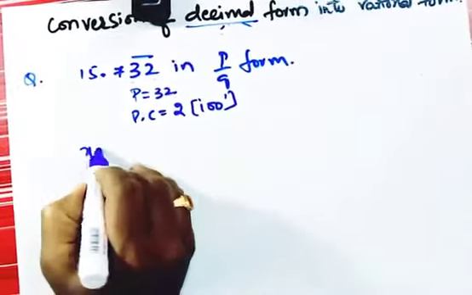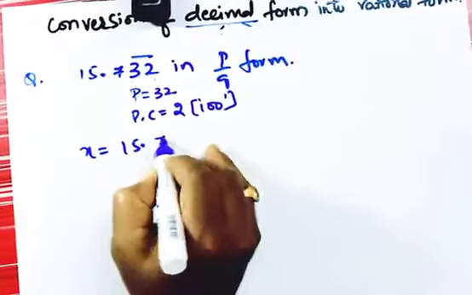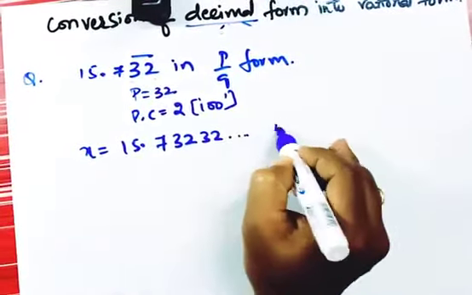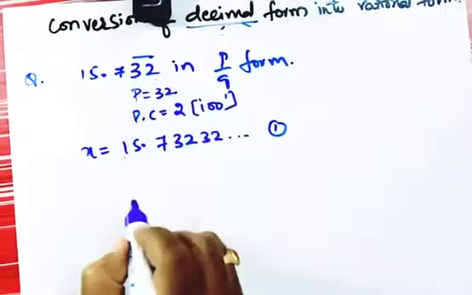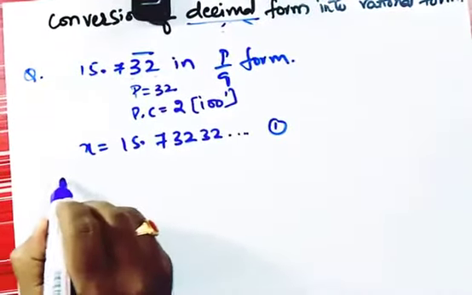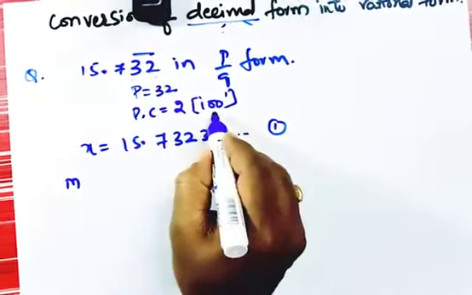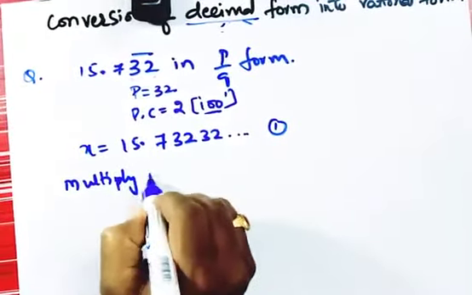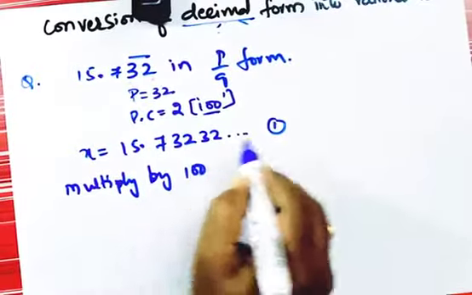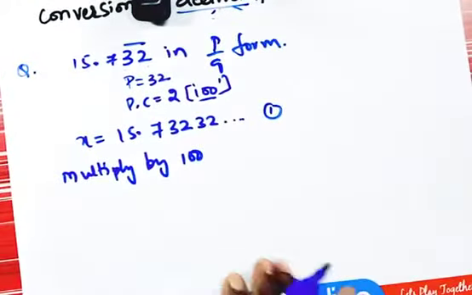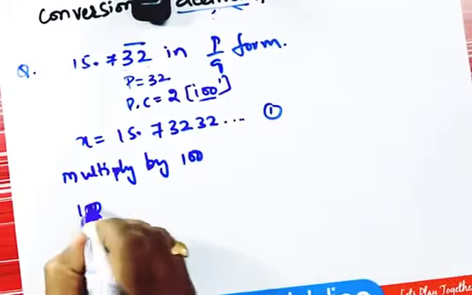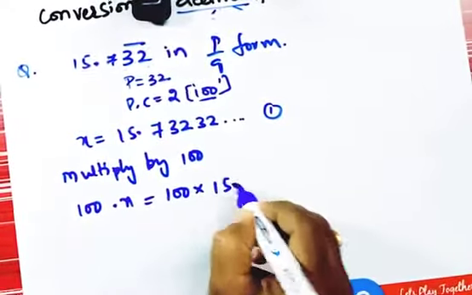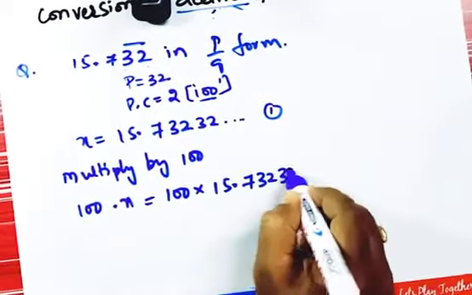So first you should take x is equal to 15.732, where only 32 repeats, because the bar is given only for 3 and 2. Now the periodicity is 2, so we need to multiply with 100. So 100 into x is equal to 100 into 15.73232, and so on.